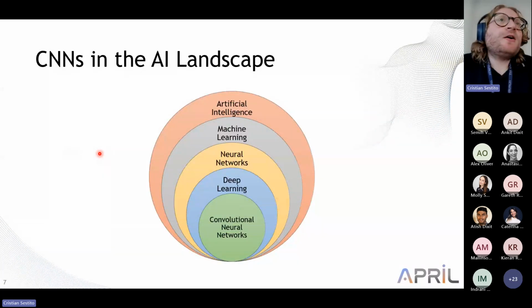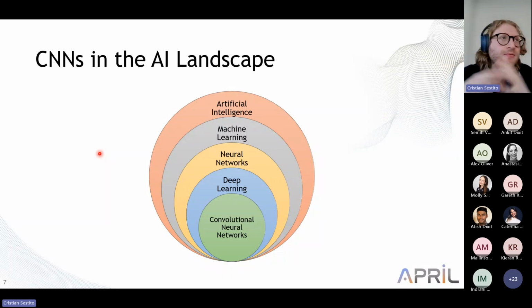Now, where do convolutional neural networks sit in the widespread AI landscape? We start from artificial intelligence, which merges science and engineering to build intelligent machines. Then we move internally to machine learning, with the objective to build machines that are able to learn without being explicitly programmed.